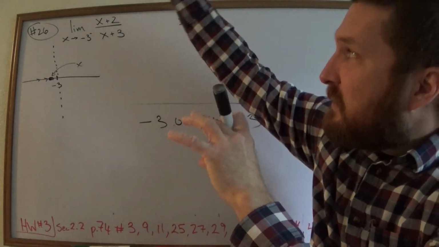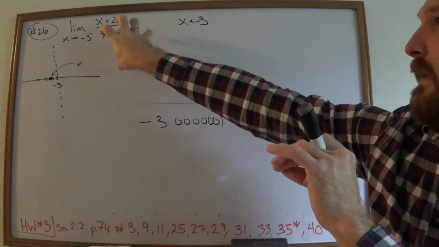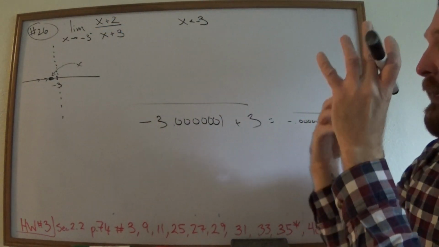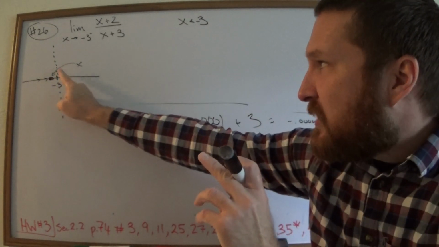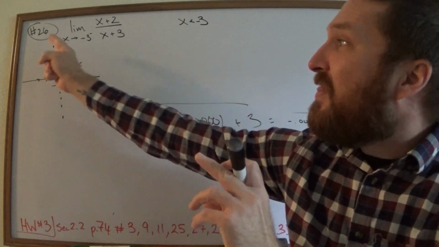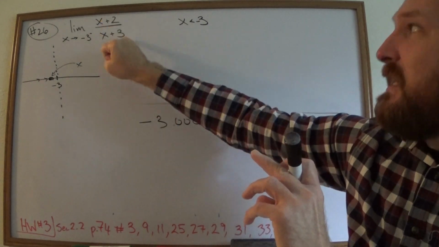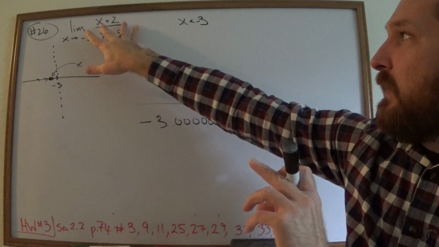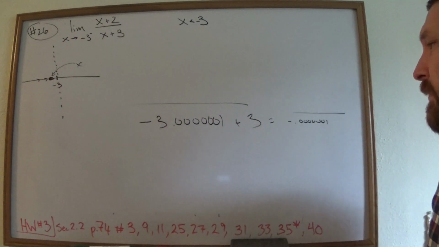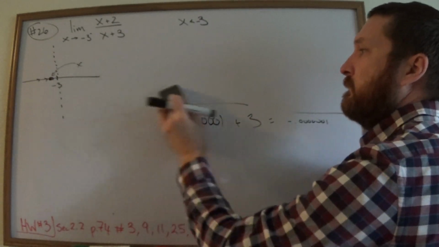We have two big pieces, a numerator and a denominator. We want to find out, in this range, when x is really close to -3 but on that side of -3, for each of these, we'll start with the top: is x plus 2 a positive number or a negative number? Tell me.